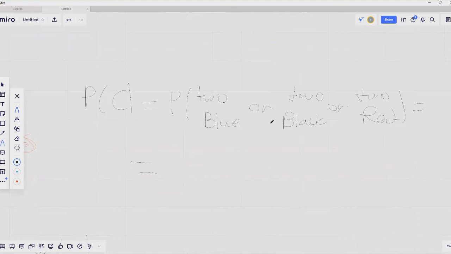Now, all these are mutually exclusive. We can't have an event where we draw two blue and two black chips at the same time. So we express it as the following sum: the probability of drawing two blue plus the probability of drawing two black plus the probability of drawing two red chips.